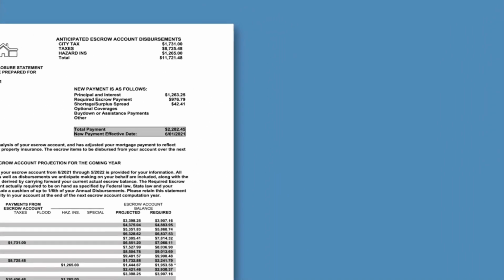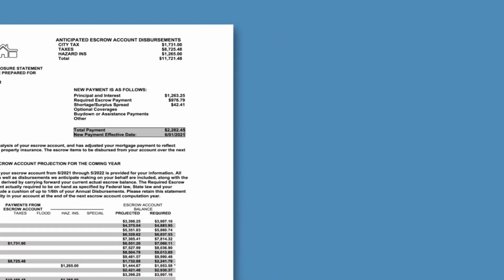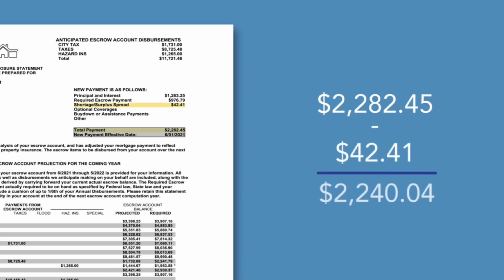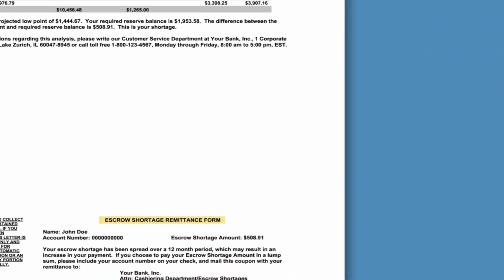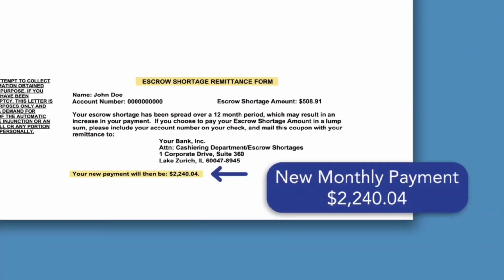By doing this, the total payment amount indicated at the top of the statement would be lowered, and a new payment amount would result. In this example, the total monthly payment amount of $2,282.45 minus the monthly shortage of $42.41 would result in a new payment of $2,240.04.